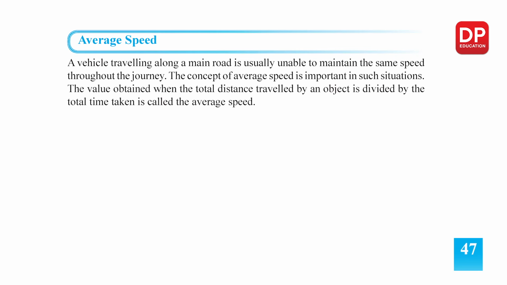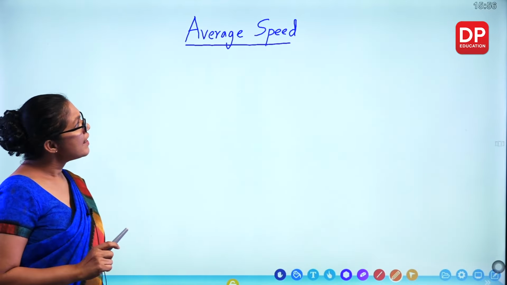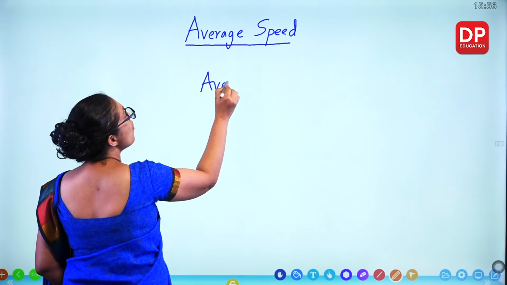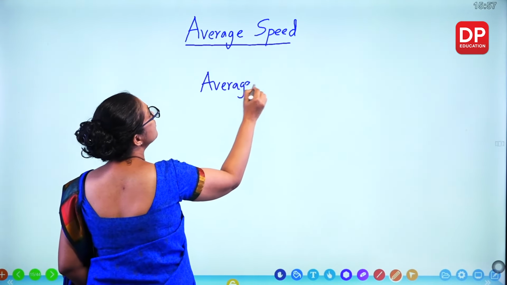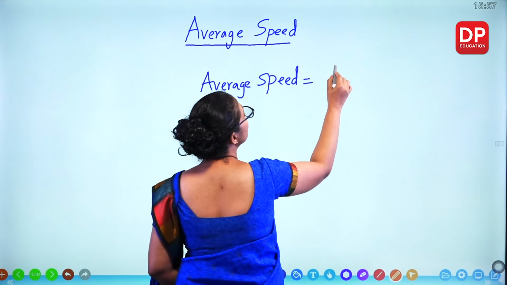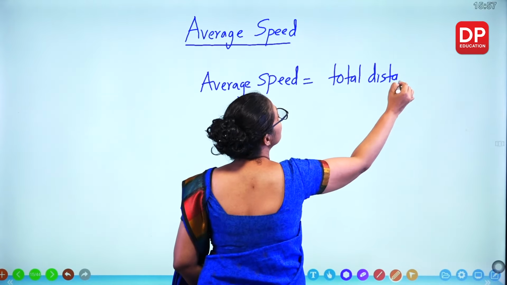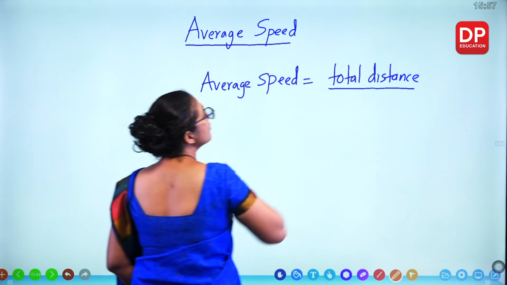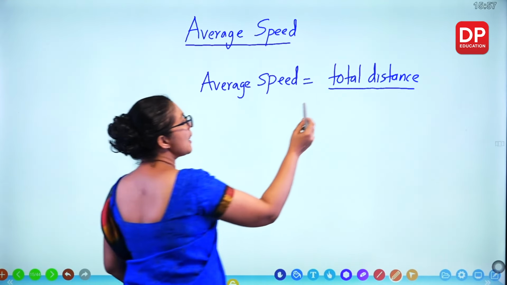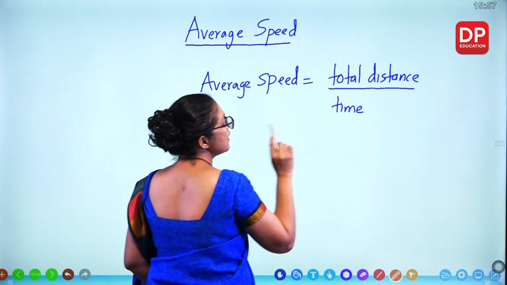Now we'll try to find out what's the average speed. So average speed is defined as the total distance travelled divided by the time taken for travelling only.